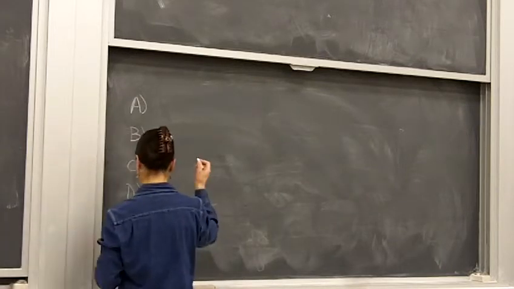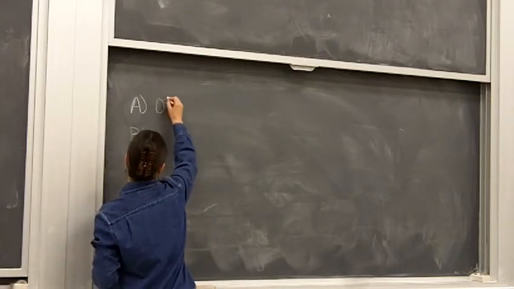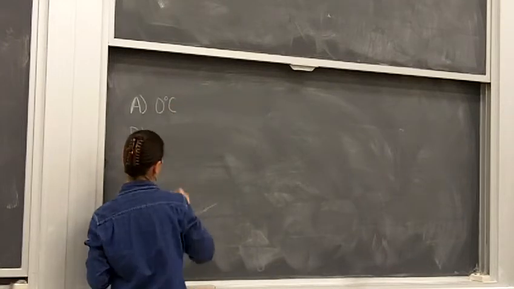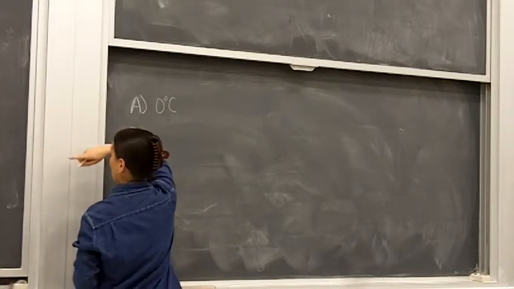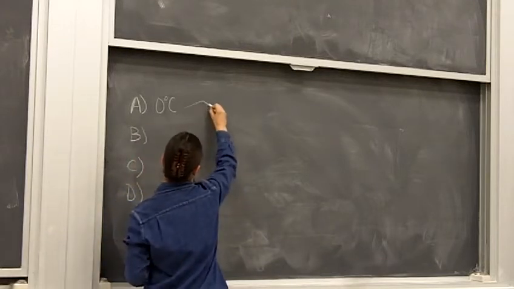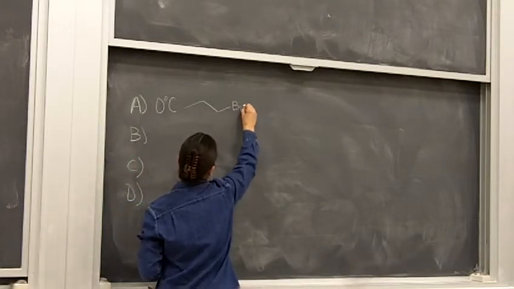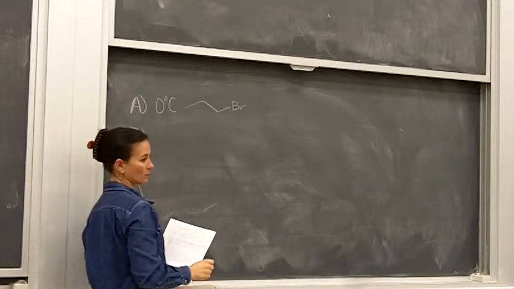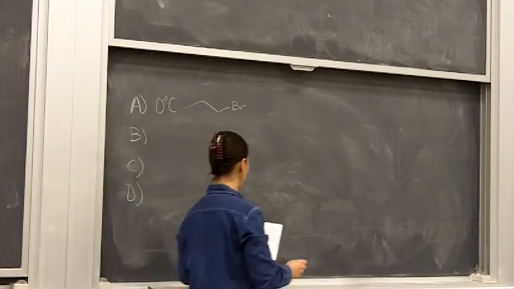For A, we're going to do this reaction at 0 degrees, our reaction of toluene with 1-bromopropane.